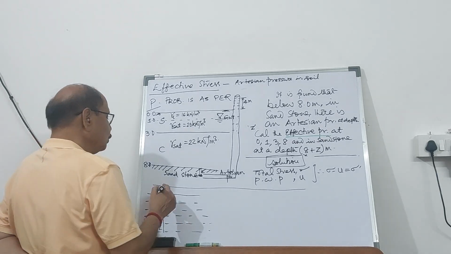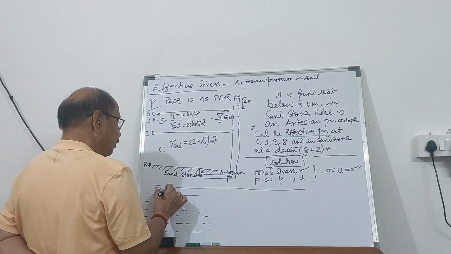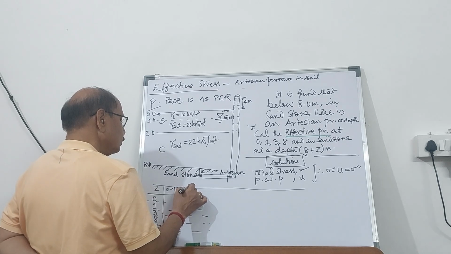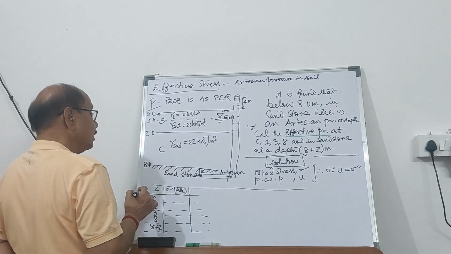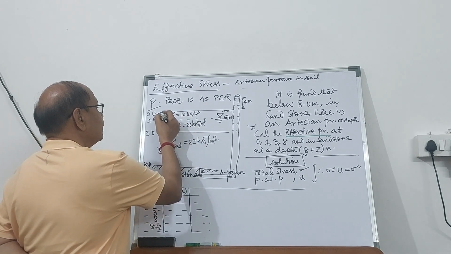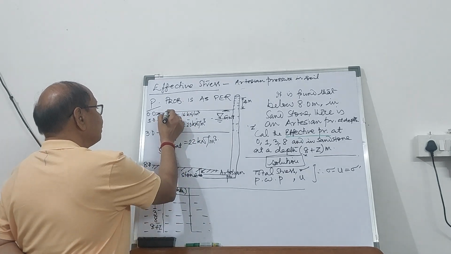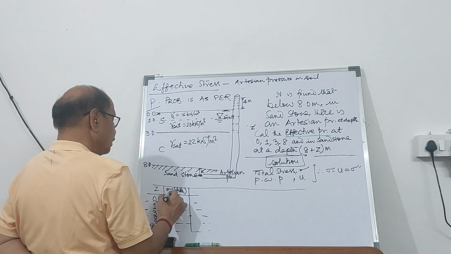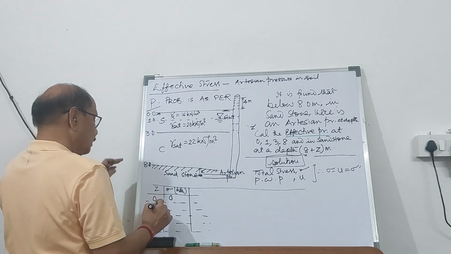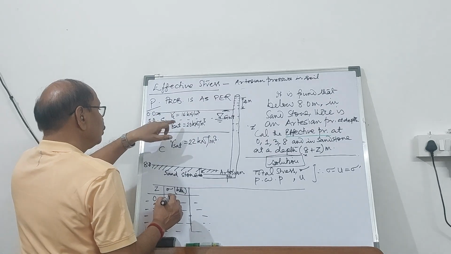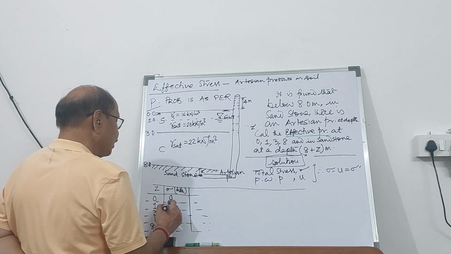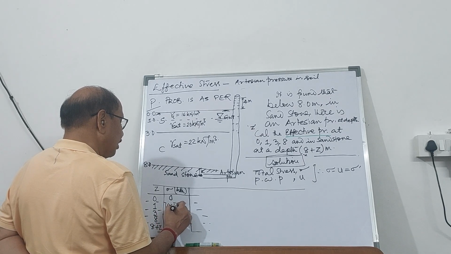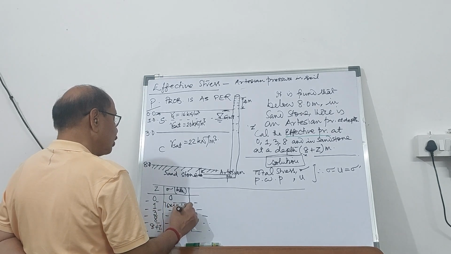Gamma is already known to you. So the total stress sigma in kilopascal can be computed. At 0 meters, the total pressure is going to be 0. At 1 meter, the unit weight is 16 and depth z is 1, so gamma t into z becomes 16 kilopascal.